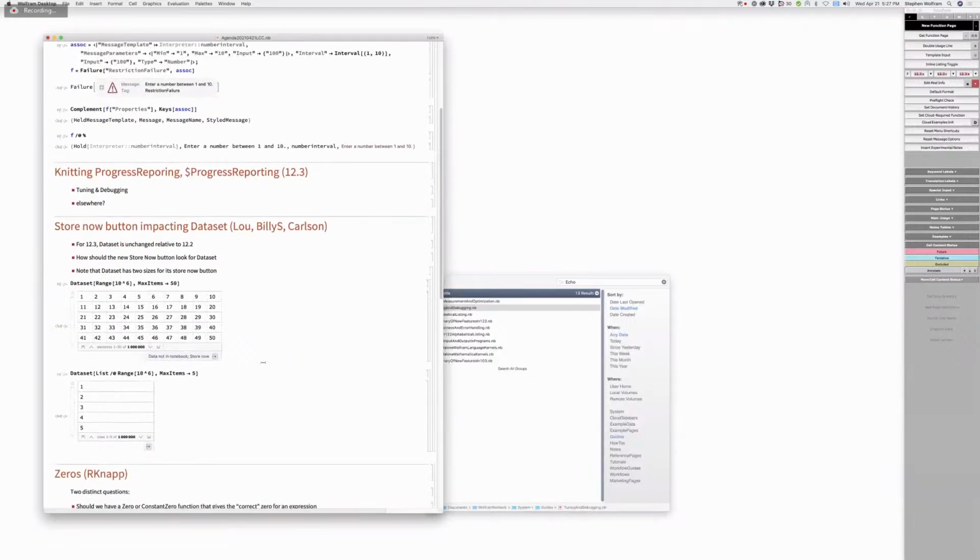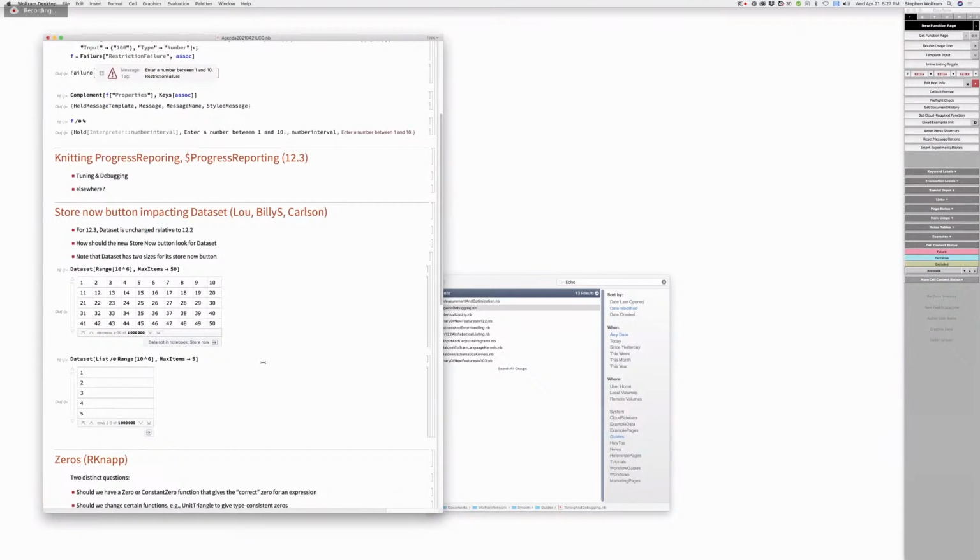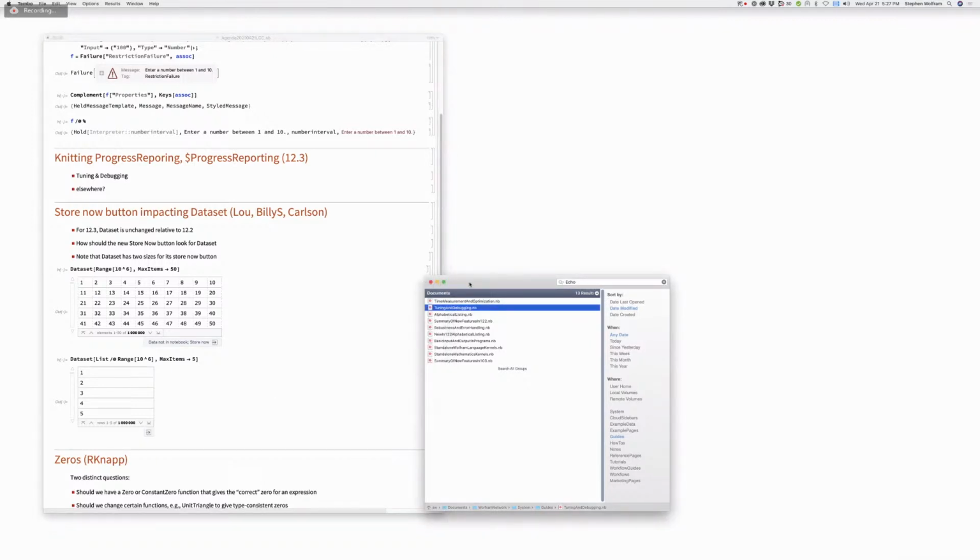Right. So, I guess I forgot to include an example, but we've changed the store now button for summary boxes, right? So if you do sparse array of 10 to the 7th, you should now see the new button, the new appearance with the additional actions.